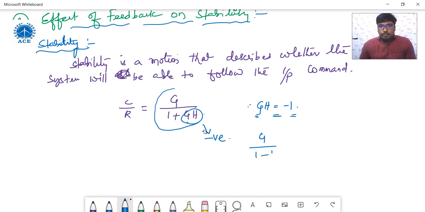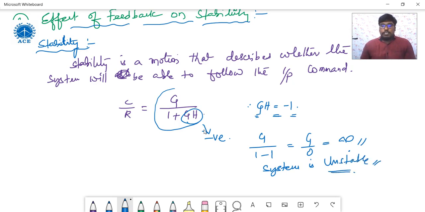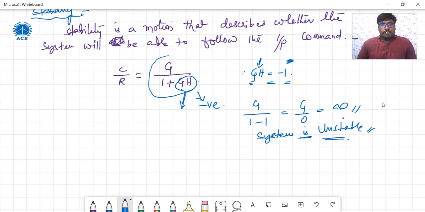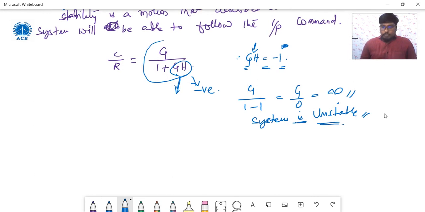G by 1 minus 1, that is G by 0, that leads to infinite. So the system is unstable. Got my point? See, this is one of the disadvantages. Due to the feedback element, if I find this is -1, therefore our system leads to instability. So this is one of the disadvantages for the stability with the feedback, right?